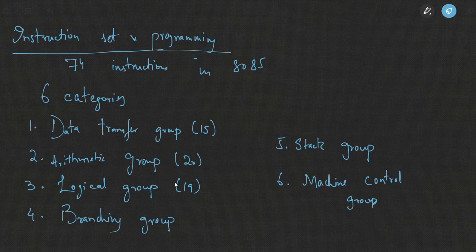Using these instructions we can perform logical operations like AND, OR, NOT, etc. Then we have the branching group, with 8 different instructions. These will be used in branching applications, like calling a subroutine or jumping to a certain location.